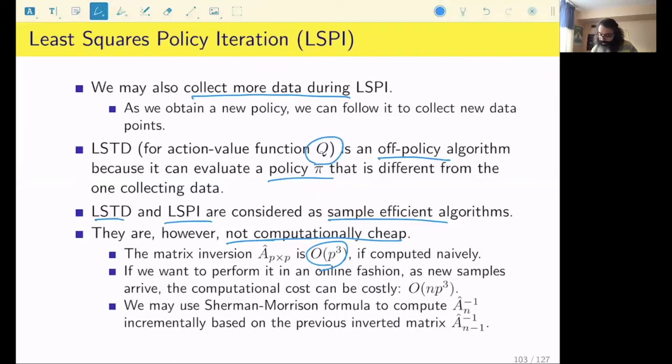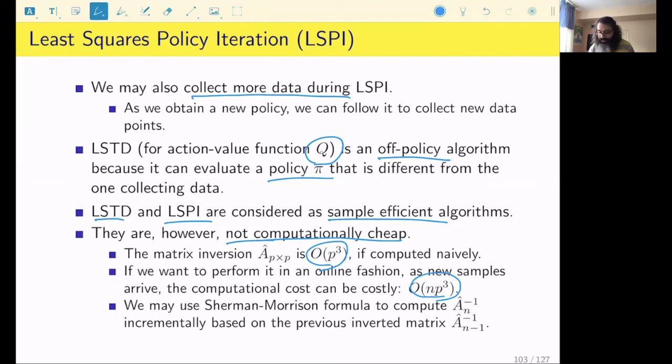If I have n data points, at each iteration I need to do a P cubed computation, so it would be n P cubed, which might be large if P is large. If P is like 10, 100, 1,000, that's okay. But if it's 100,000, no. But there are ways to compute the inverse in an incremental way.